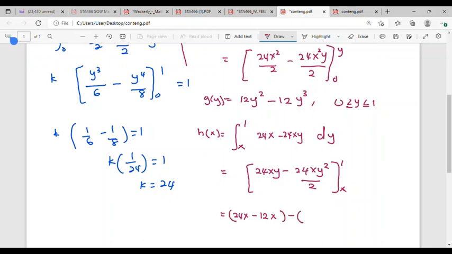And then minus 24x squared minus 12, replace in y, so 12y power of 3.